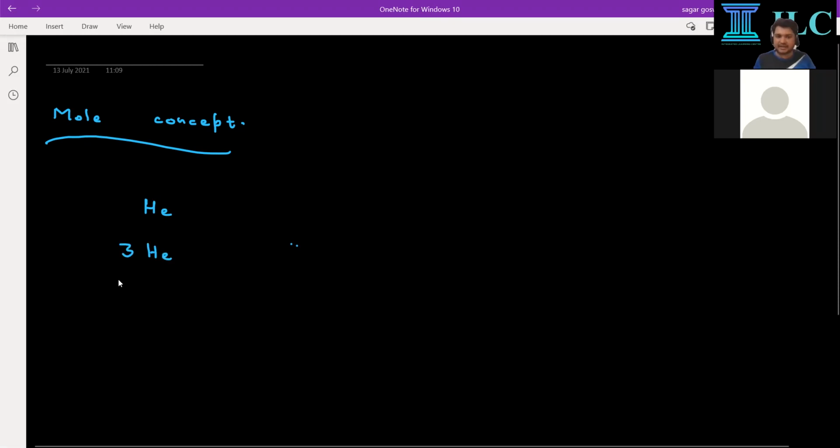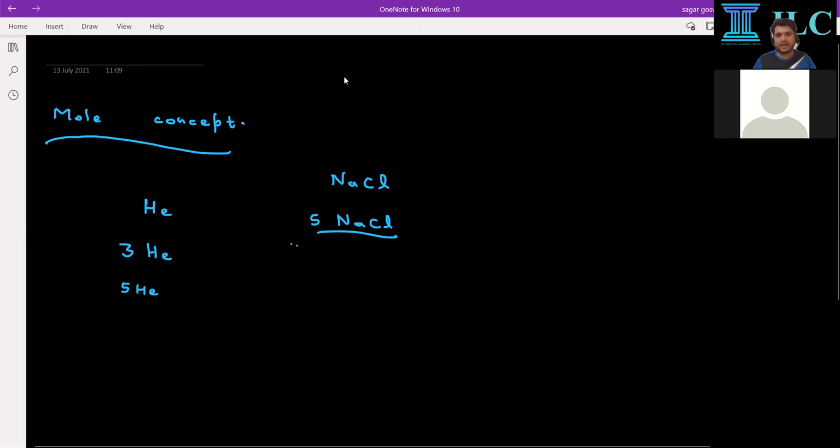If I write 5 helium, it is 5 moles of helium. Same thing if you have NaCl, common salt, sodium chloride. If it is 1, obviously in front it is 1, so it is 1 mole of NaCl. If I say 5 NaCl, it is 5 moles of NaCl.